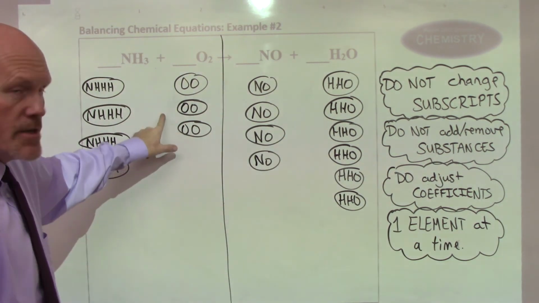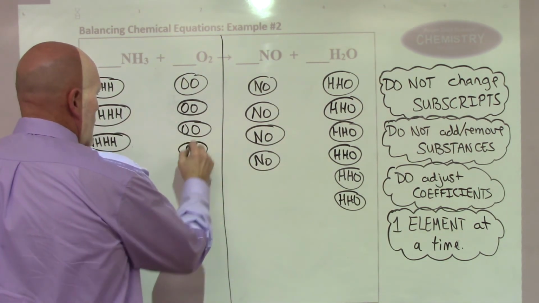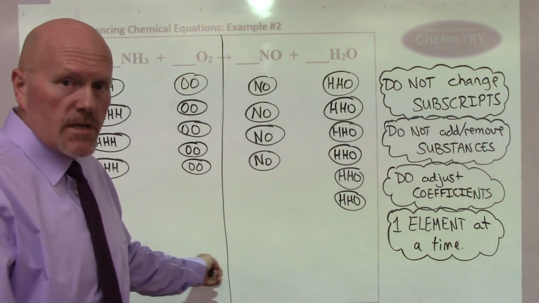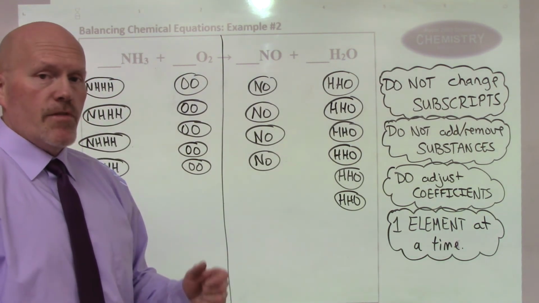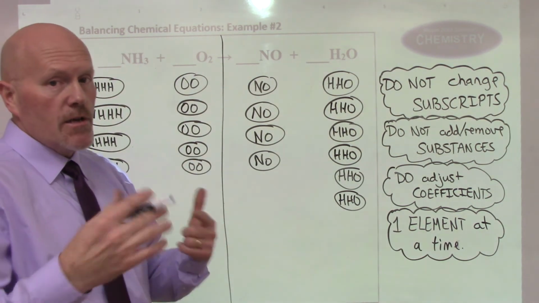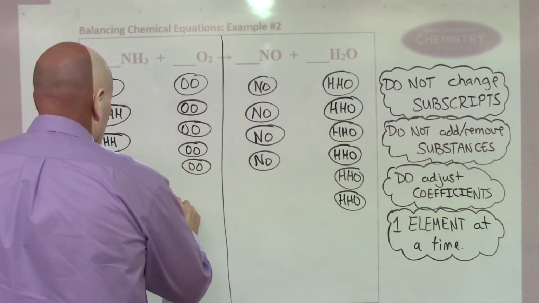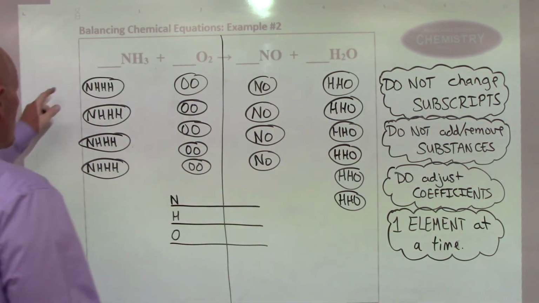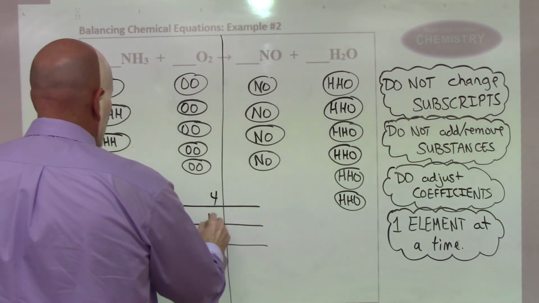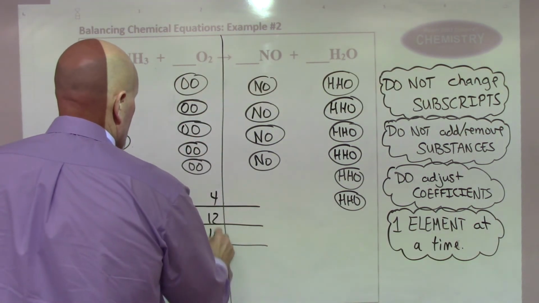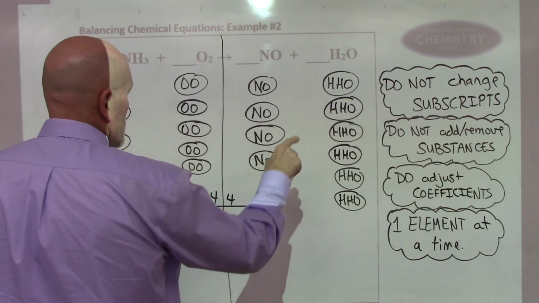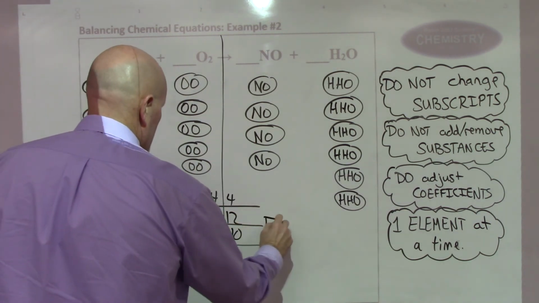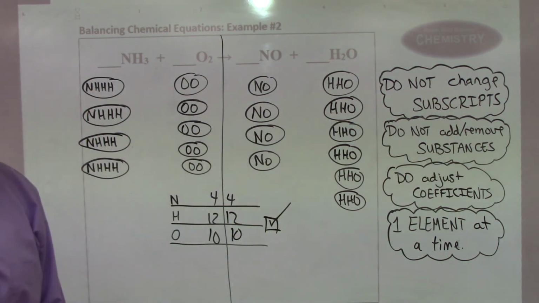I have 10 here, 6 here, 8, 10. I should be balanced. Let's do the little table down below to compare them. And if the number of atoms of each element on each side match, I'm good. Four, 4, 12, 12, 10, 10.